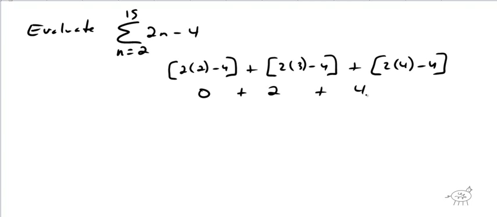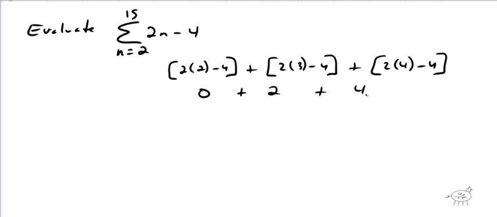What does that look like to you? Well, it looks like an arithmetic sequence, doesn't it? 0, 2, 4. If you look at the one we just did, you had 5 plus 7 plus 9 plus 11 plus 13. That was arithmetic as well. So the nice thing about this is it's an arithmetic sequence.